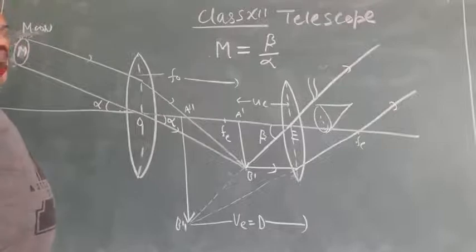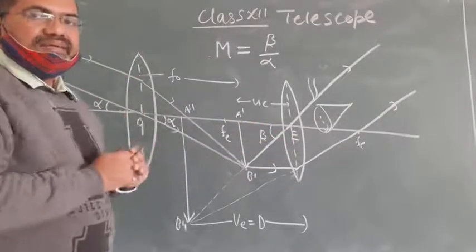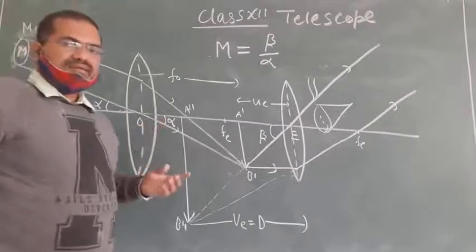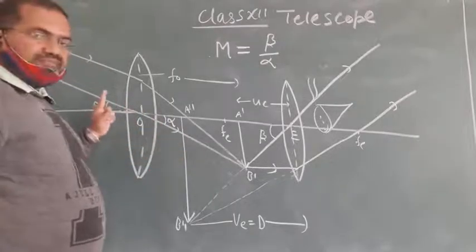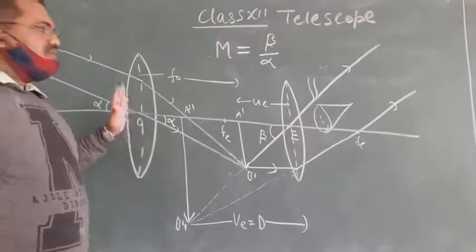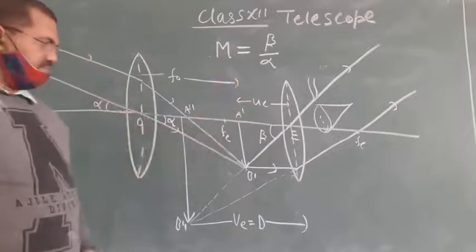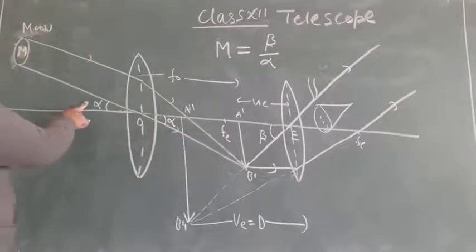So in comparison with infinity, the distance between eyepiece and objective can be neglected. This is alpha, this is alpha.